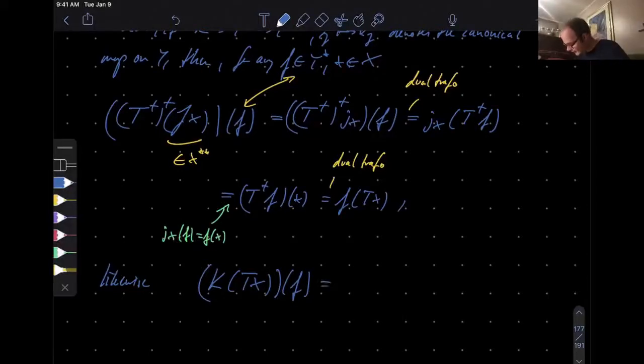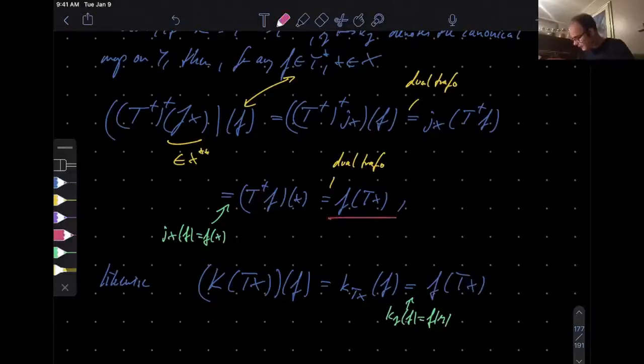And now just use the definition. This is K of Tx applied to f. And then this K is also pointwise evaluation. So let's write it here in green. K_y of f is f of y. Okay, so what I have here is f of Tx. Oh yeah, that's exactly the same thing as this, right? So I know that these two things here, the ones with the wiggles underneath, are related to one another.